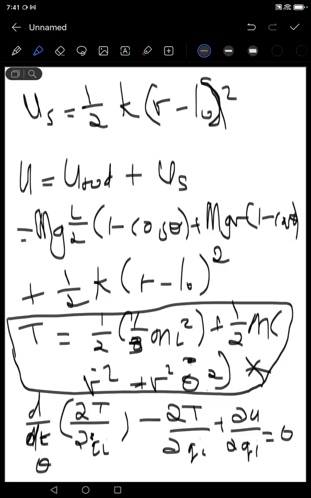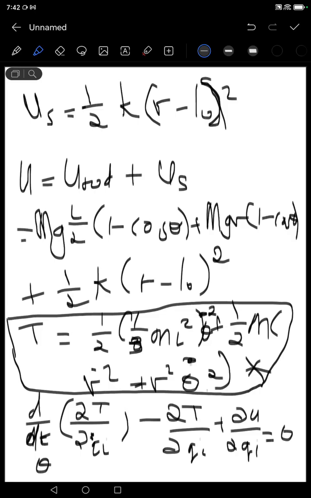We also have a theta dot here on the kinetic energy of our rod. It's half times 1 over 3 ml squared theta dot squared, right? So we have the theta dot here on the rod. We also have a theta dot here on the sliding mass.